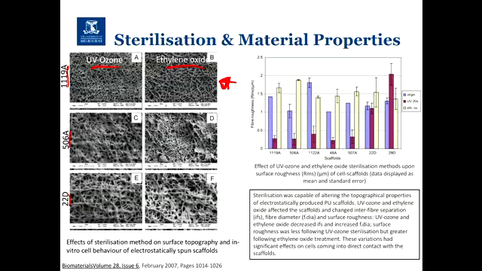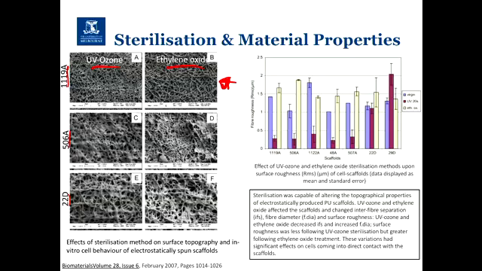To me, I can see slight differences between the ozone and the ethylene oxide, but without quantifying it, I wouldn't know for sure. So what they did was have a look at, since these were electrospun fibres, fibre diameter and whether or not that changed with the different techniques. If the fibre diameter changes, to me that says something is kind of melting or it's changing the chemical properties. So that could be one thing.